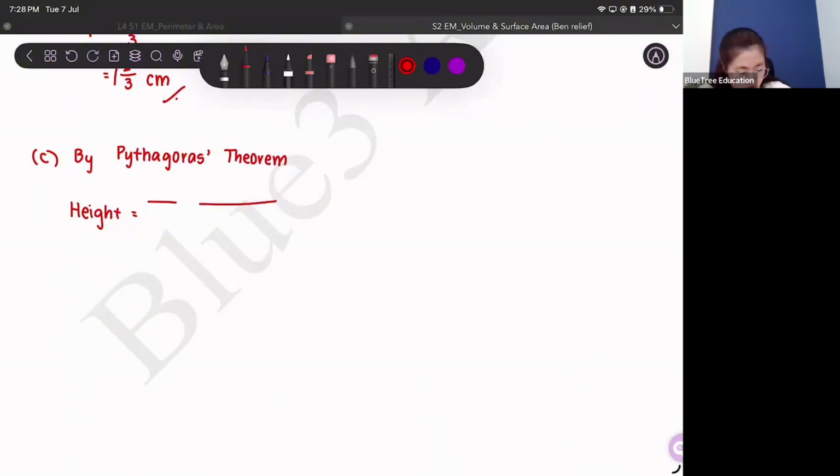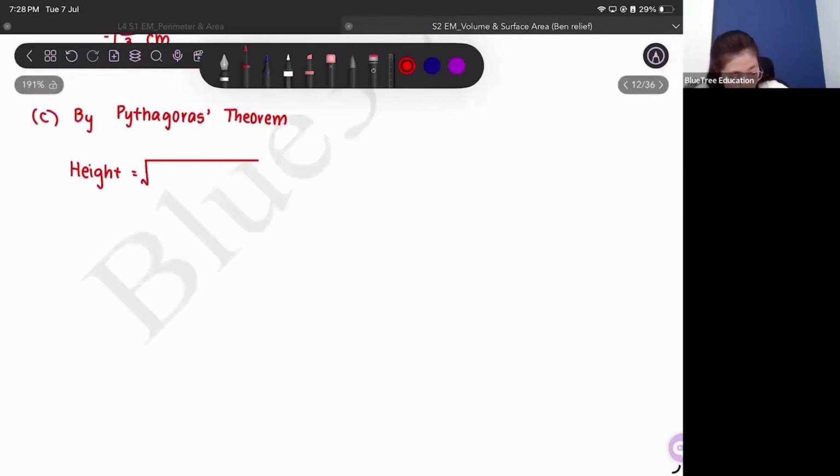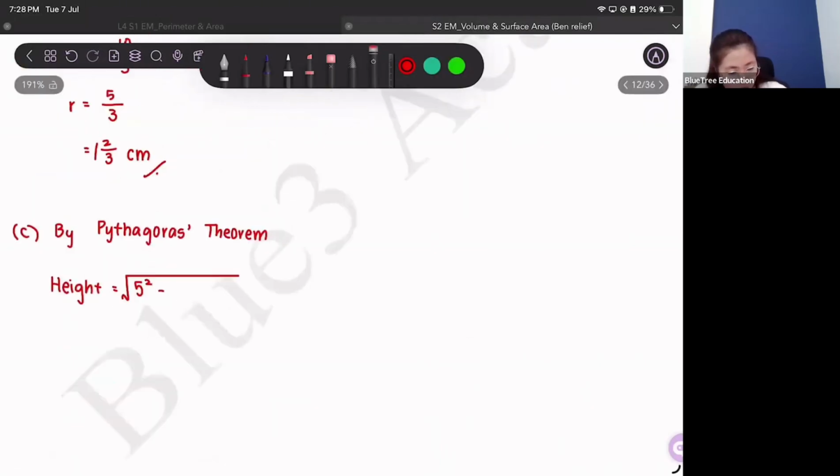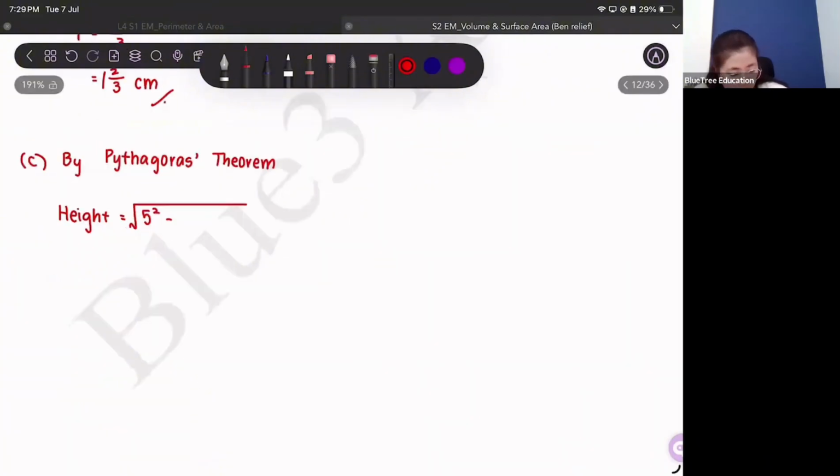My hypotenuse is 5 cm, so 5 squared, minus the 1 and 2/3. I wouldn't really put this value in, I will put 5 over 3. It's easier to square, if not, later you'll be fighting for your life. 5 over 3 is also easier to type in. Put this into the calculator and you should have a nice number.